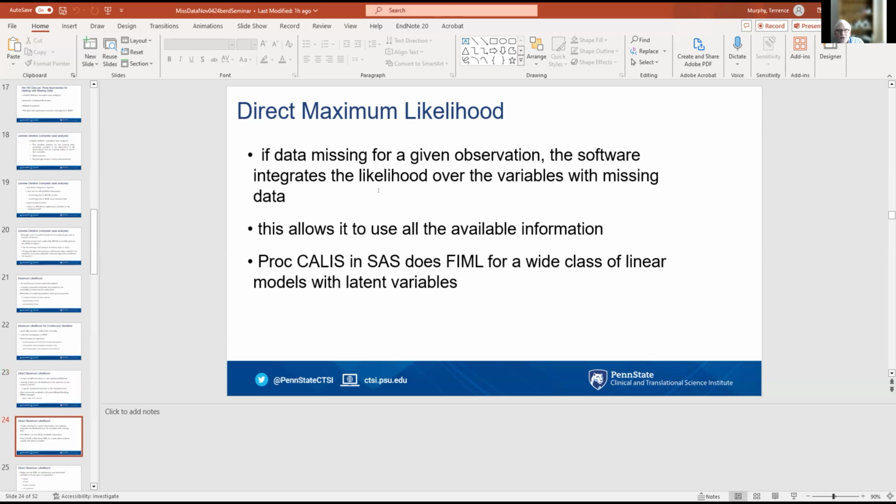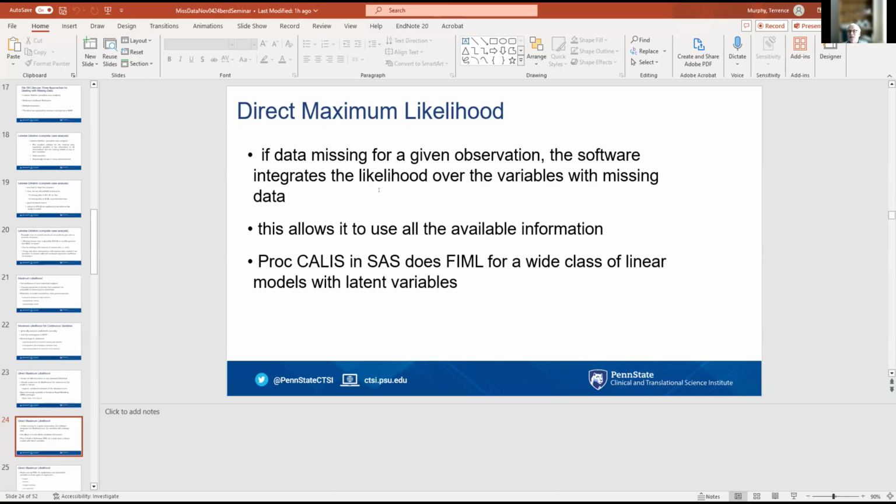The way maximum likelihood works is, unlike multiple imputation, which generates multiple copies of the data, it kind of works under the hood. If the data is missing for a given observation, the software doesn't throw out the whole observation, like in complete case. What it does is it works around the missing values of specific variables by integrating the likelihood over those variables with missing data.